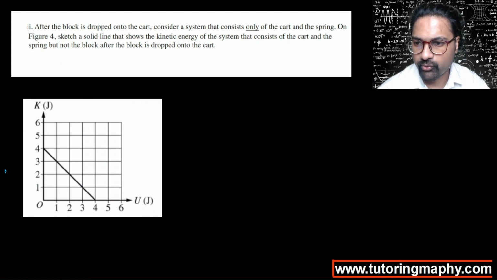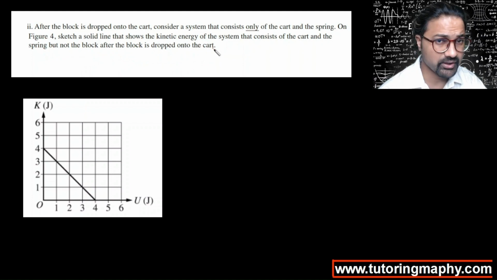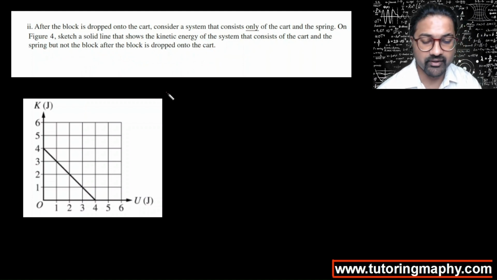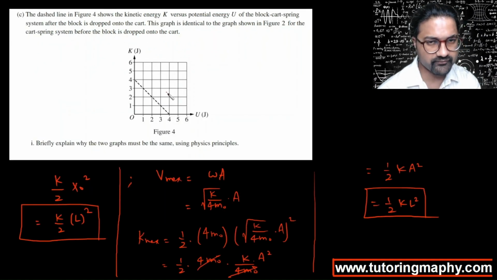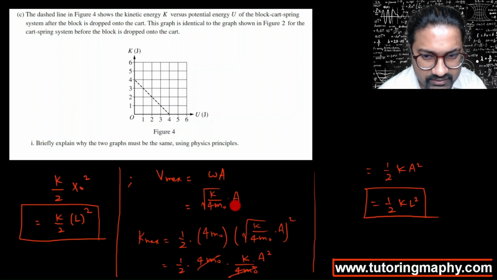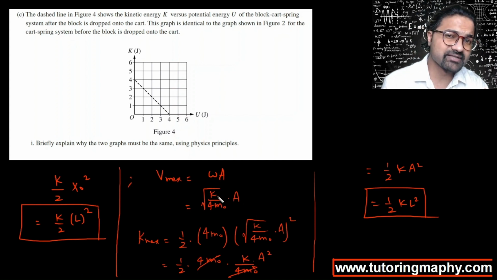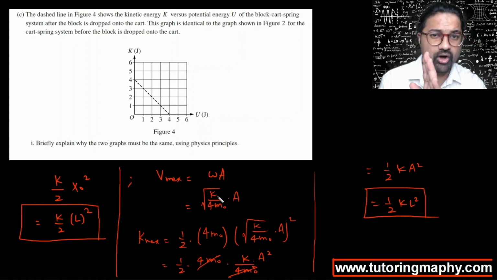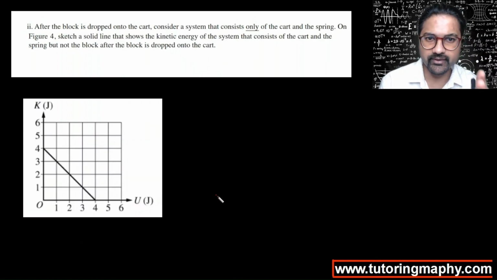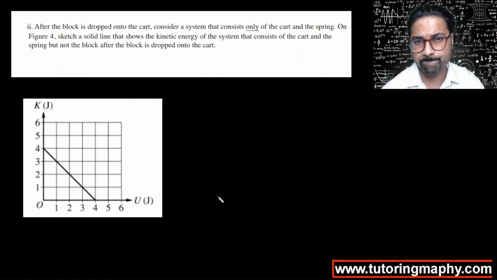And on figure 4, on the same figure, sketch a solid line that shows the kinetic energy of the system that consists of the cart and the spring, but not the block, after the block is dropped onto the cart. This is a really interesting question where we are going to borrow the work we have done earlier, because we know that the maximum speed is this. However, what is the maximum kinetic energy of just the cart-spring system?